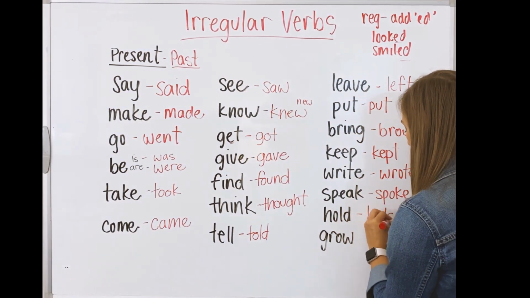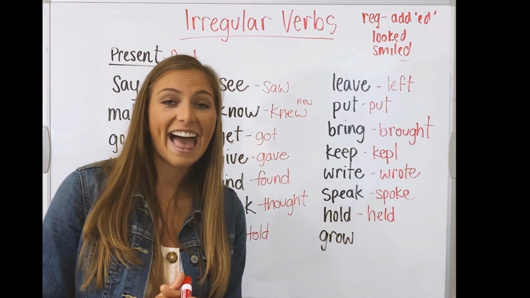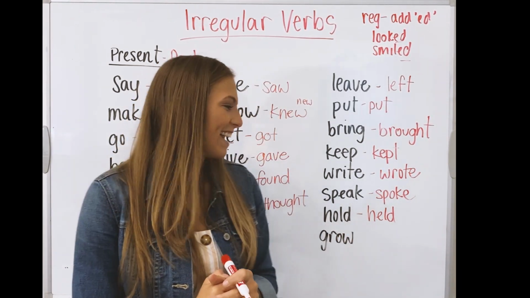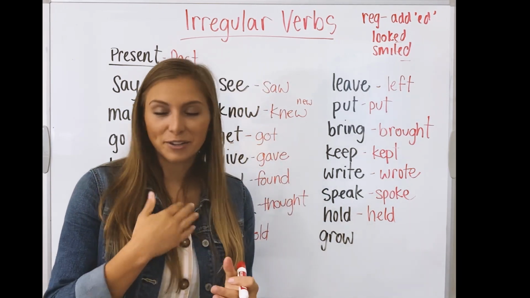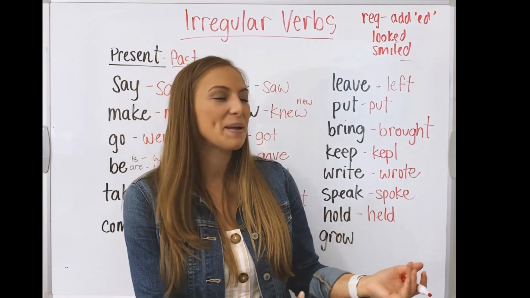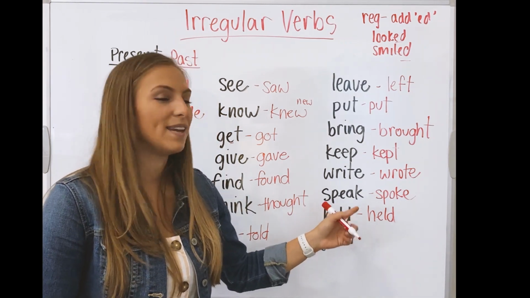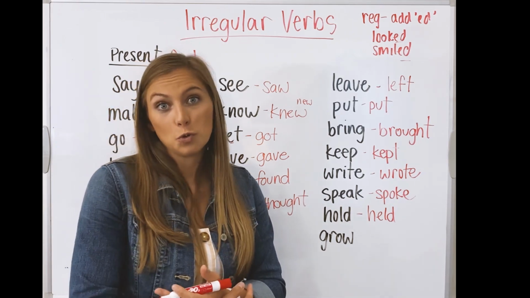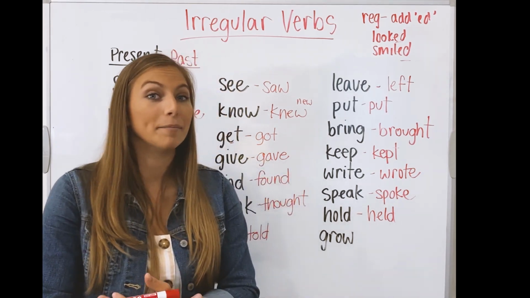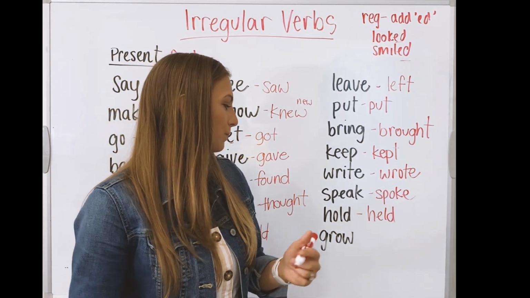Hold is held. Okay. I have a baby cousin. I don't have a baby. My cousin has a baby. And when she had a baby, I held the new baby. I held him.